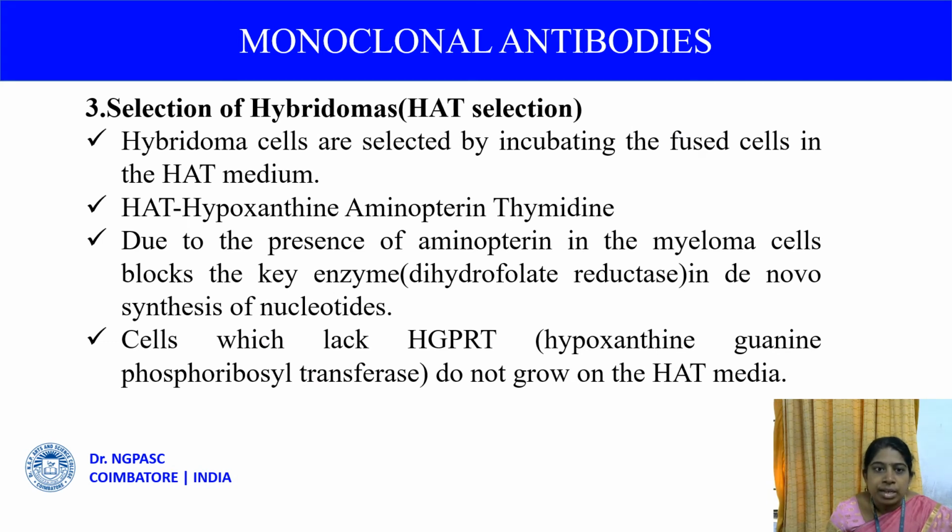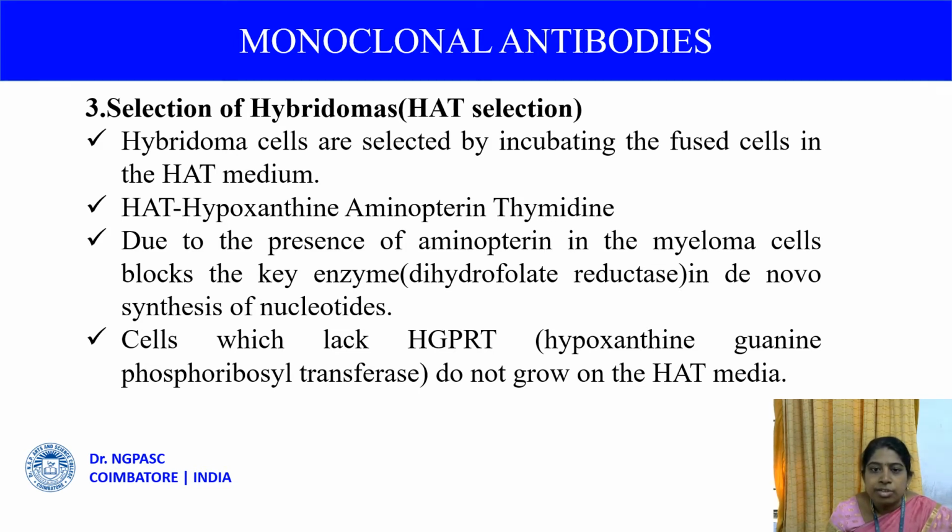After the fusion, the hybridomas are selected in a HAT medium. The hybridoma cells are selected by incubating the fused cells in HAT medium, which is hypoxanthine aminopterin thymidine medium.